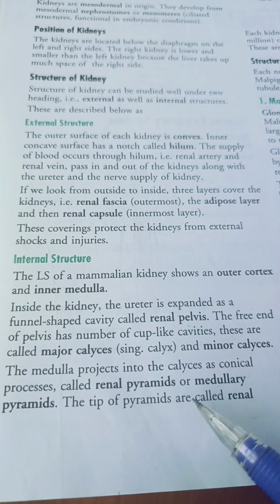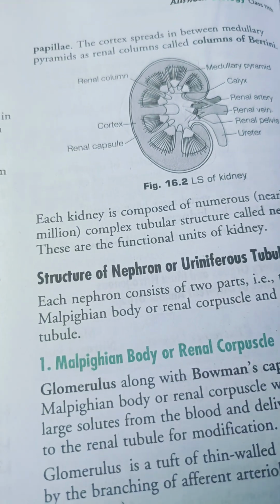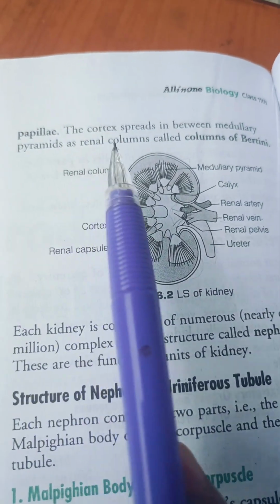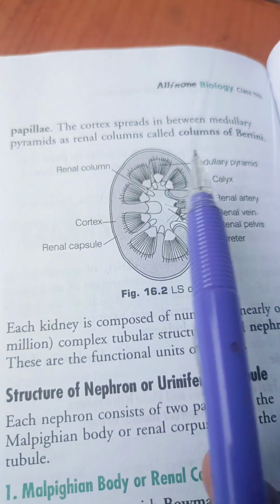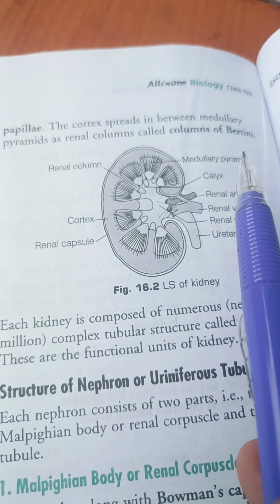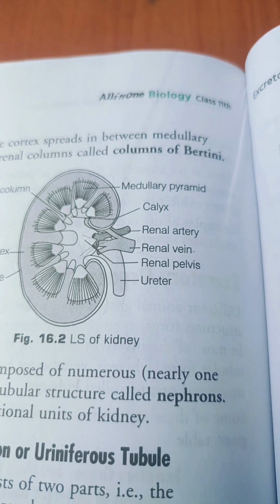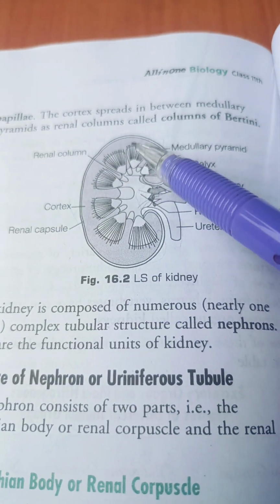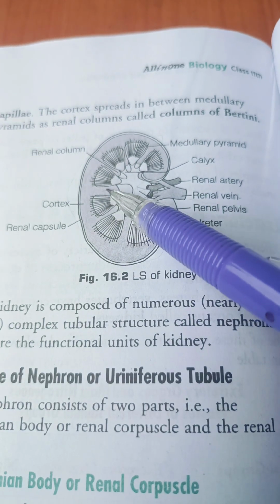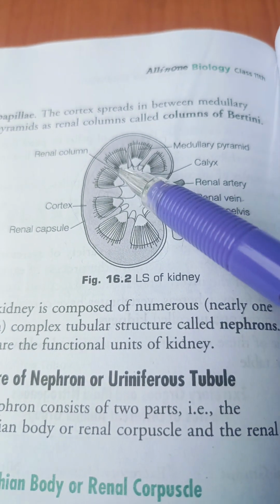The tips of the pyramids are called renal papillae. The cortex spreads in between the medullary pyramids, and these renal columns are called columns of Bertini. See here, this is the cortex and this pyramid shape is in the medulla, that is, in the middle part.